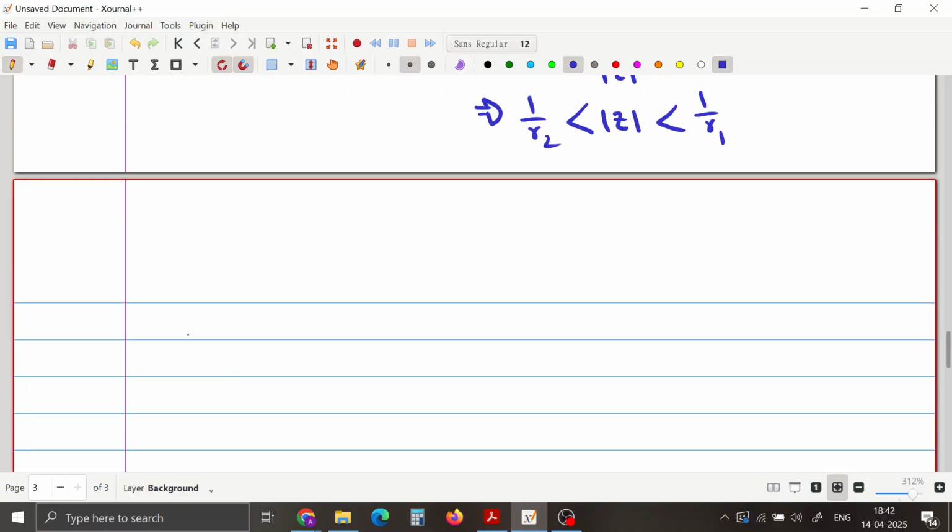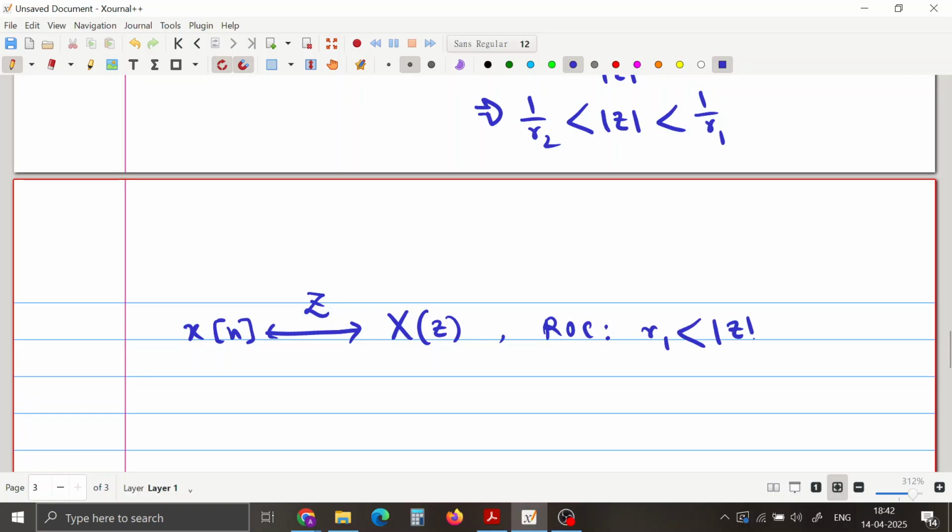So what we observed is that if x of n has z transform capital X of z with the ROC being bounded between small r1 and small r2, then x of minus n will have the z transform capital X of z inverse.